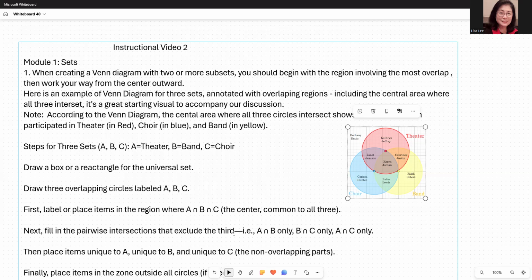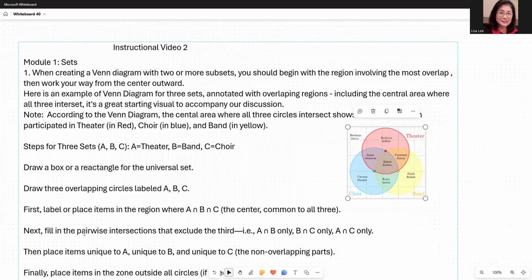First, we should place items in the region where A intersects B and intersects C, the center, common to all 3.